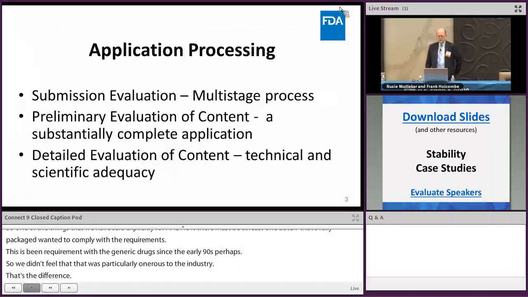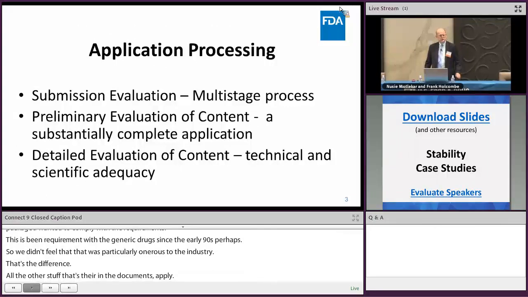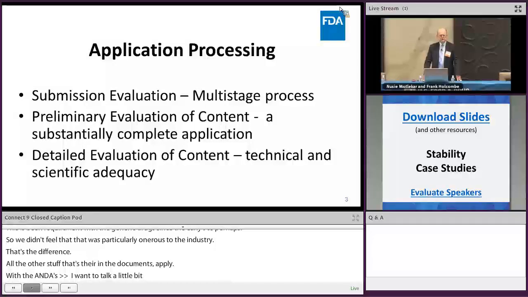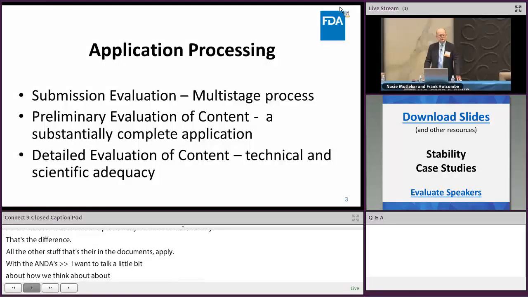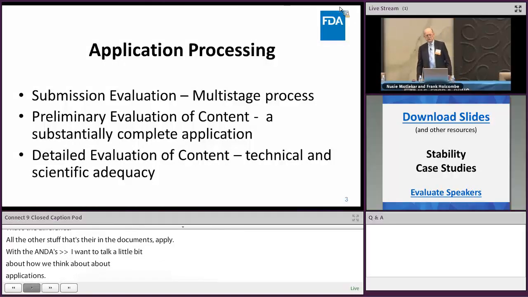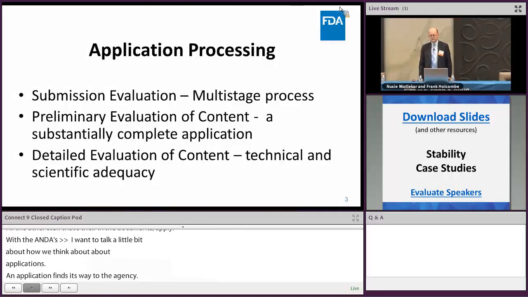I want to talk a little bit about how we think about applications and how we think about our review. An application finds its way into the agency, and since this is a section on refuse to receive issues, we'll just stay with two basic levels.